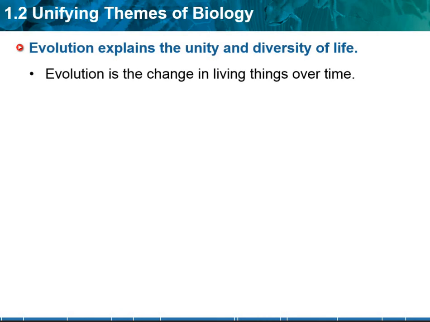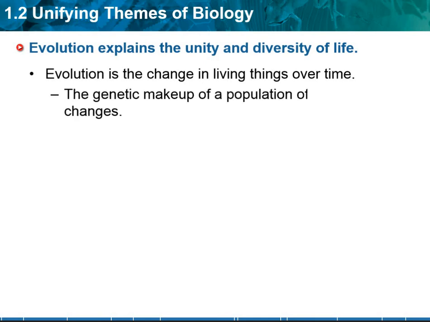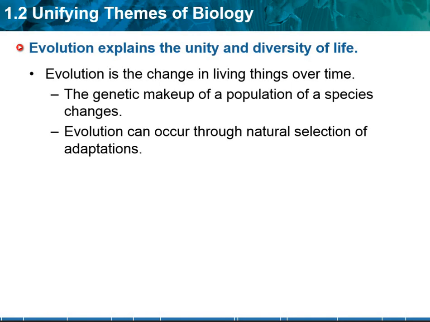Evolution, again, we'll talk about this second semester, is a change in living things over time. That's another thing that most living things are able to do: they're going to change over time. The genetic makeup of a population of a species is going to change as time goes on. Evolution can occur through the natural selection of adaptations, different traits that make an organism better suited for its environment.